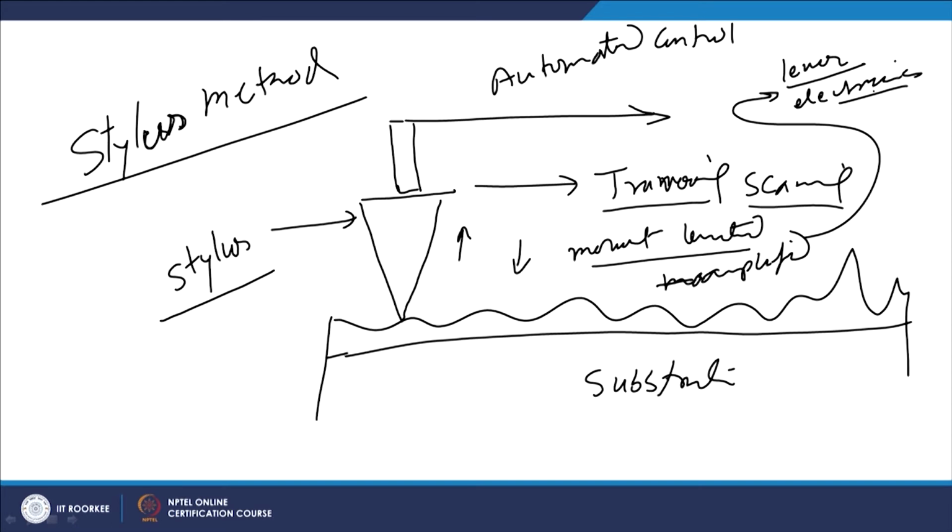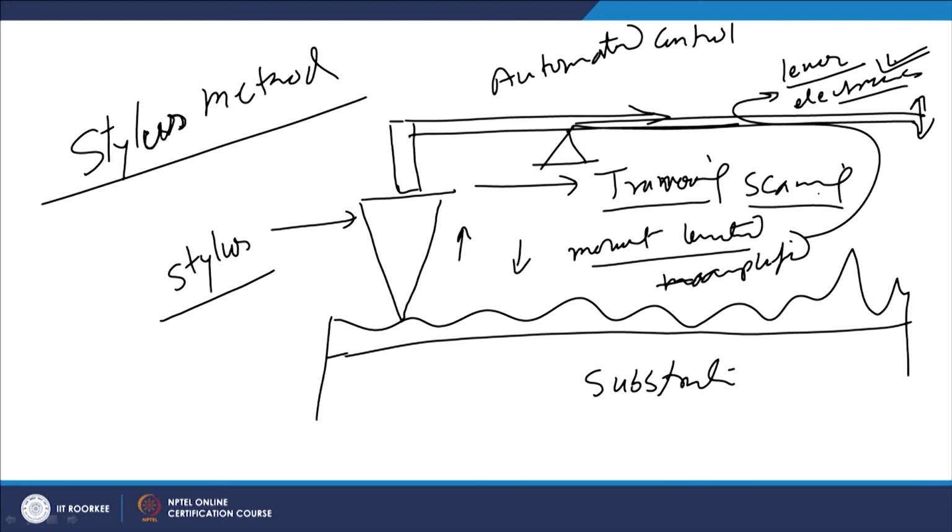So, the extent of up and down movement is increased using the suitable lever principle, so that whatever little up and down movement of the stylus is taking place is magnified at another end as per the leverage, and is further magnified using suitable capacitors or electronic methods.